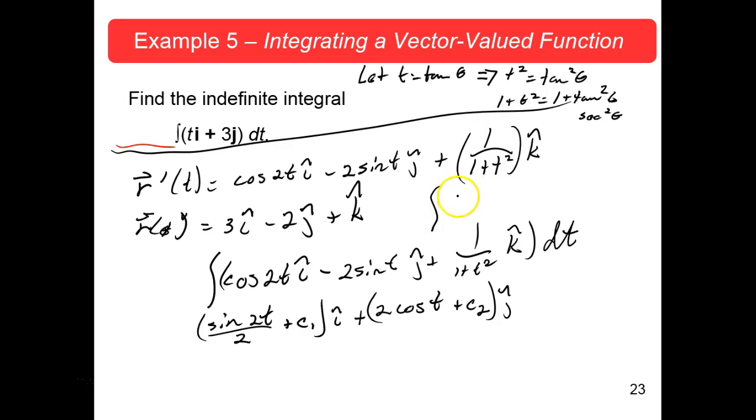The integral 1 over 1 plus t squared dt. So we need to know what dt is. dt up here would be what? Derivative of tangent. Okay. Front and side. Oh, you don't have your front and side cover.